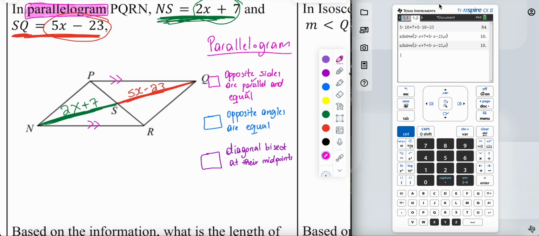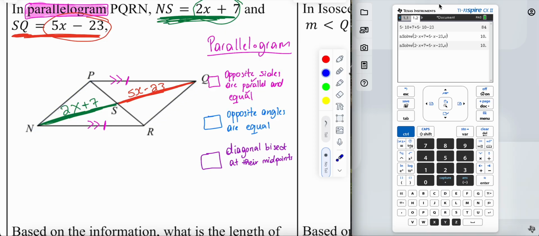Not only are they parallel, but they are also equal in length. So I'm going to put 1 mark here and 1 mark here just to show that these two sides are parallel and equal to each other. So if this is 10 centimeters, this is also 10 centimeters. The other pair of opposite sides is PN, and PN is opposite to QR.